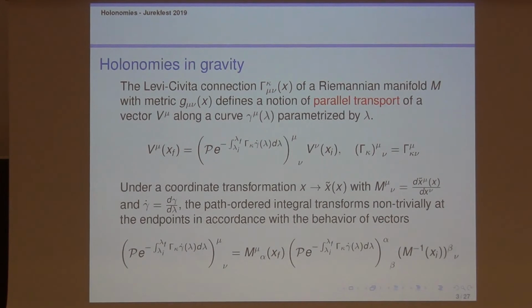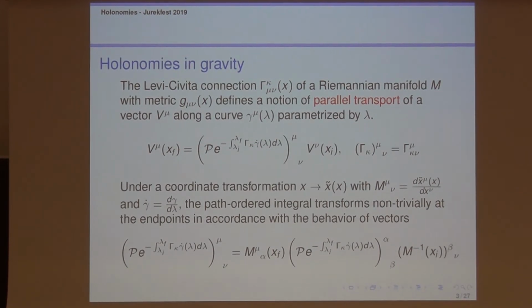Well, let me just remind you that holonomies are usually related with a notion of a parallel transport of a vector in the manifold, along a curve which is parametrized by some gamma function parametrized by lambda.